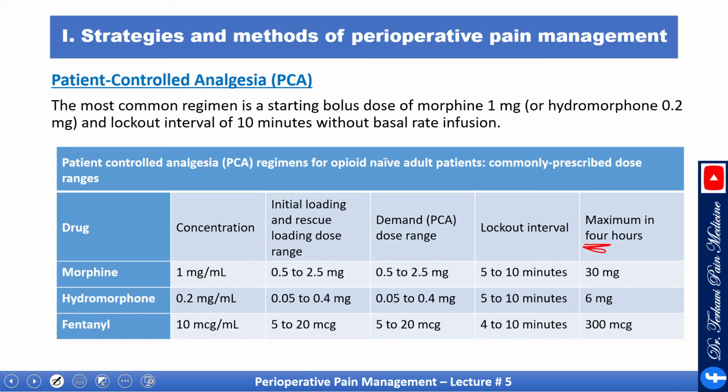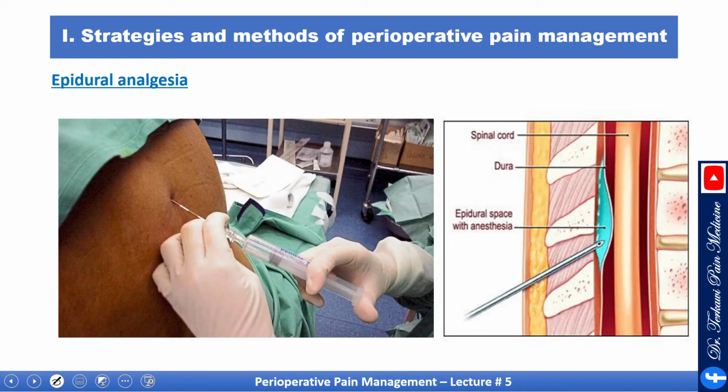Usually for morphine, the most common starting dose is 1 milligram. For hydromorphone it is 0.2 milligram, and the lockout interval is 10 minutes without basal rate infusion. And you can adjust it case by case.